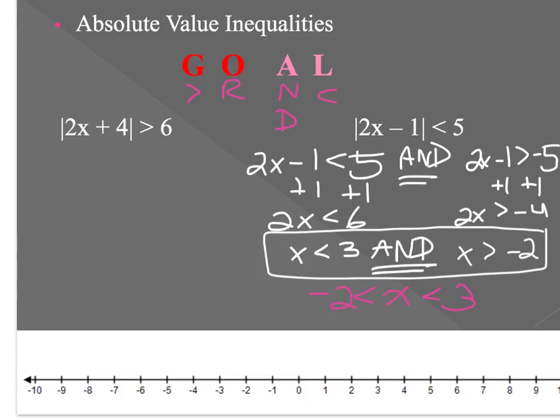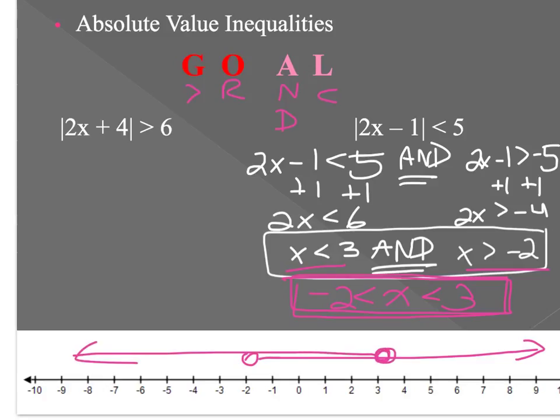Whenever you see a compound inequality written this way, it automatically means it's using the word and, but this is kind of the easier way to think of it when you're graphing it, because if you're graphing them separately, x is greater than negative 2 is going to be an open circle at negative 2 going to the right, and it's less than 3 is going to be an open circle at 3 going to the left. Where they overlap is the answer.